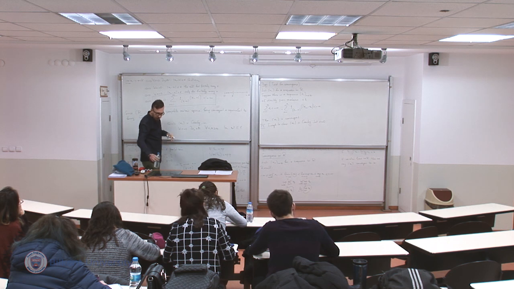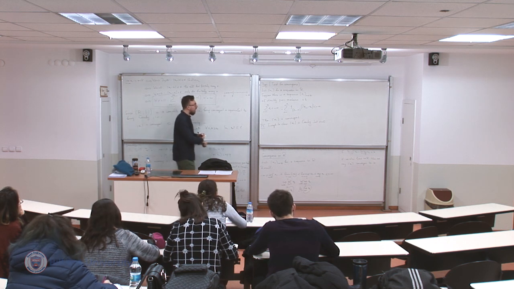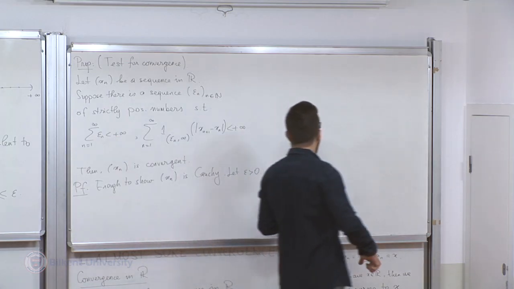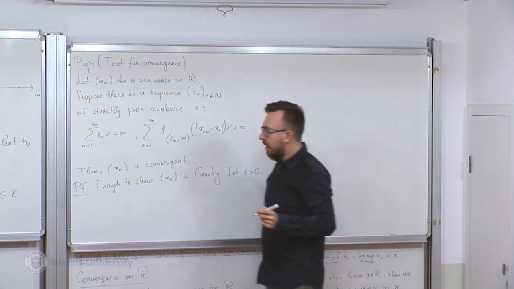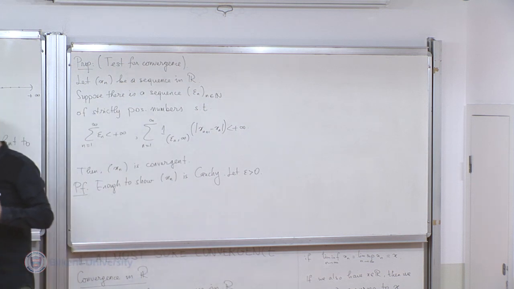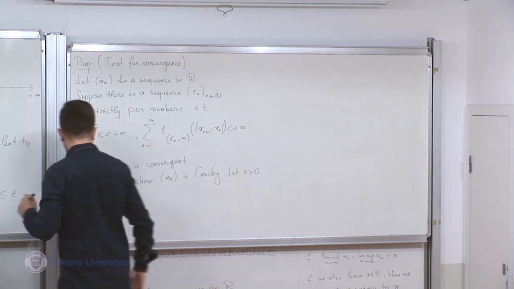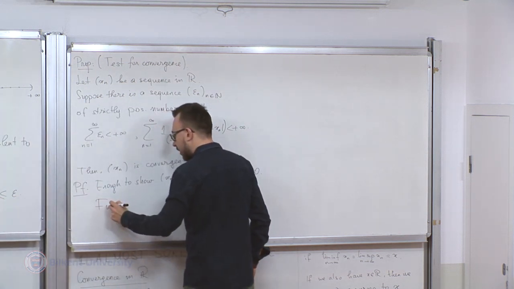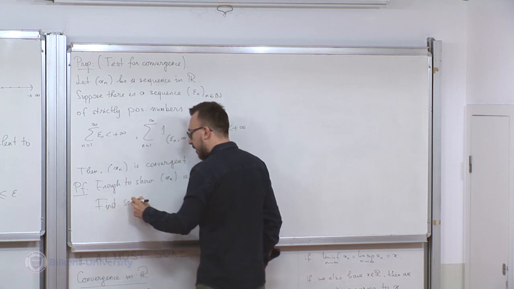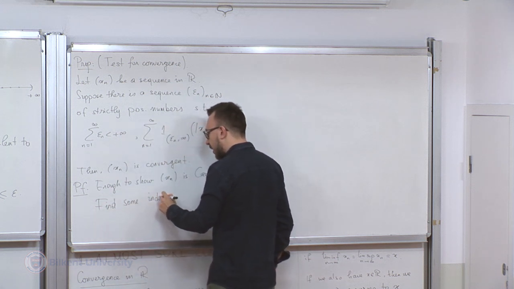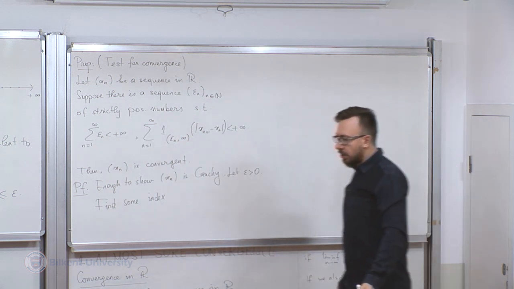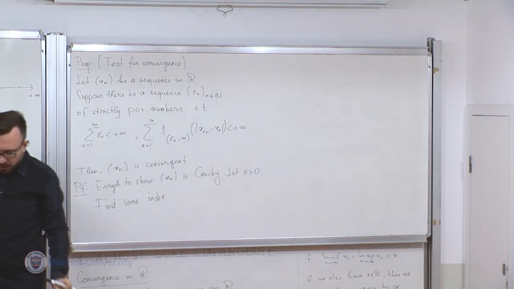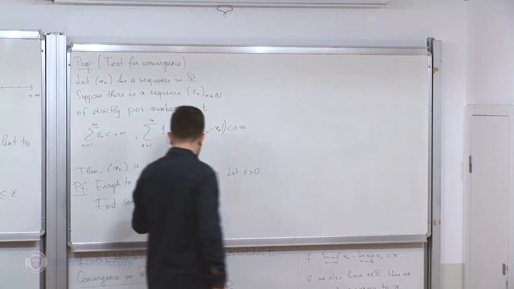So let me first do this calculation that we need to do. So we'd like to show that something is Cauchy, right? So we need to find an index. So find some index using those assumptions. So let me call it n0, okay?